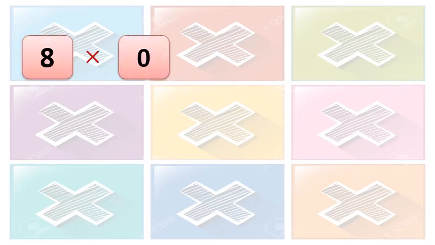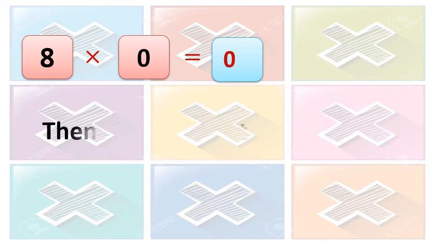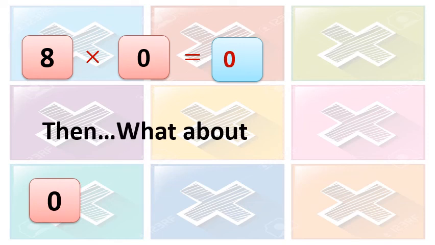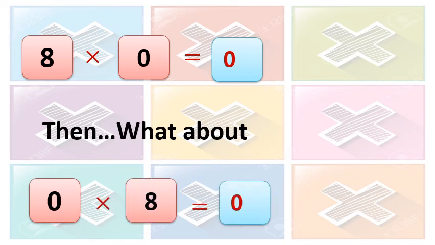Eight multiplied by 0. Do you know the answer? 8 multiplied by 0 is 0. Remember this. Then what about 0 multiplied by 8. That is also 0.